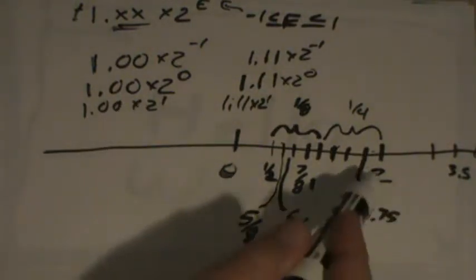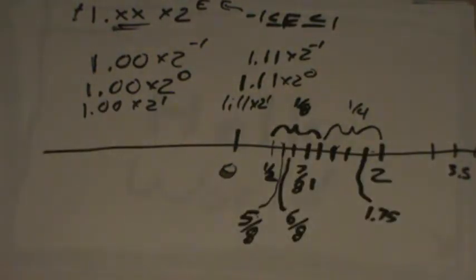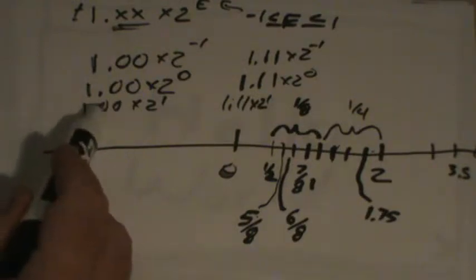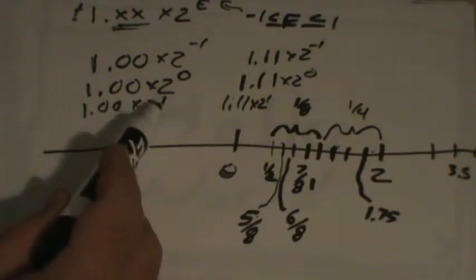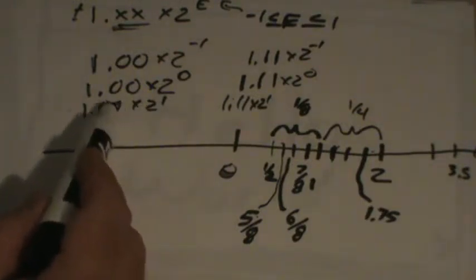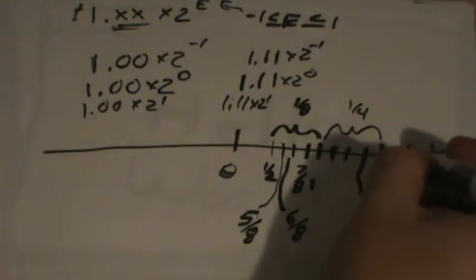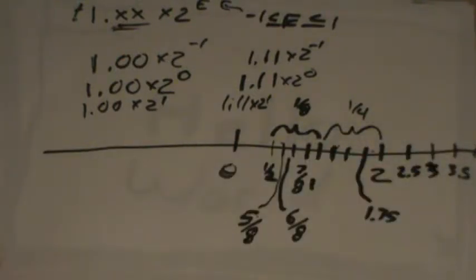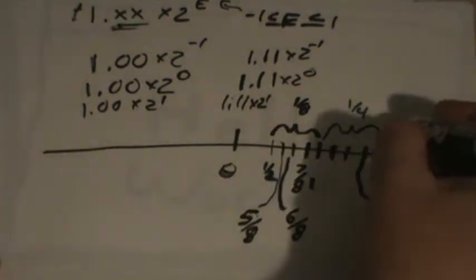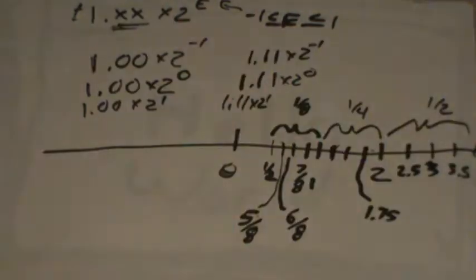And so I'm now going from 2 to 3.5, a bigger range. And each time I add 1, since it's times 2, I'm really just adding a half, a quarter times 2. So each of these are going by half. So I've got 2, 2.5, 3, and 3.5. So now each one of these has a spacing between points of a half.